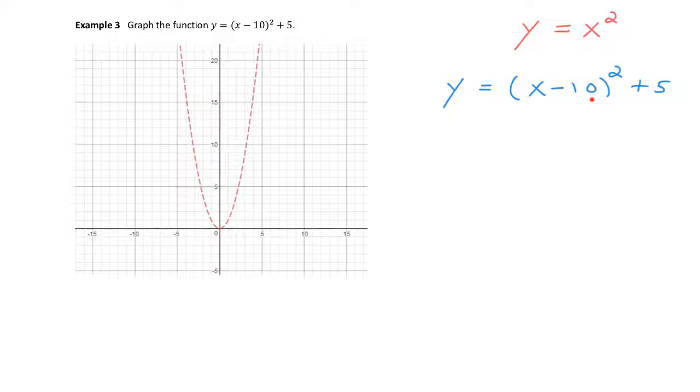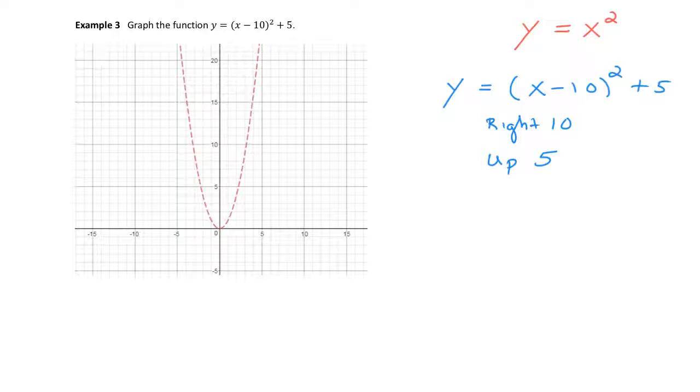I'm changing the x's. I'm also changing the y's. That's because something is different within the function and outside the function. From our previous work, I know that this x minus 10 in the parentheses is going to be the opposite. It's going to mean go right 10 places. And then this plus 5 outside the function is going to mean go up 5 places. So those are the two things that are different.